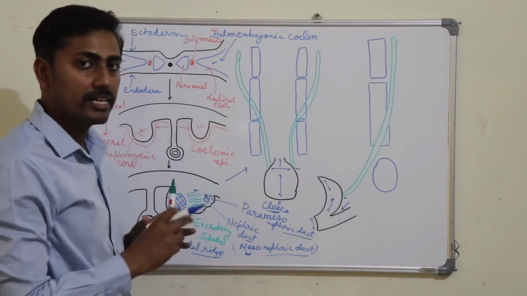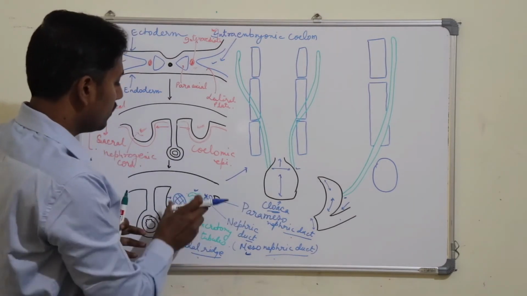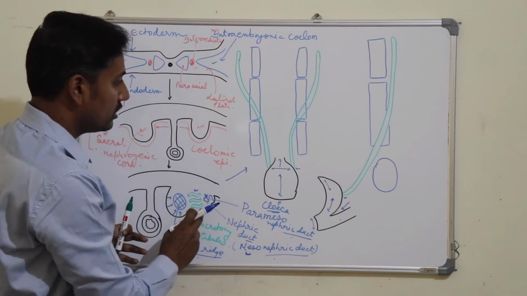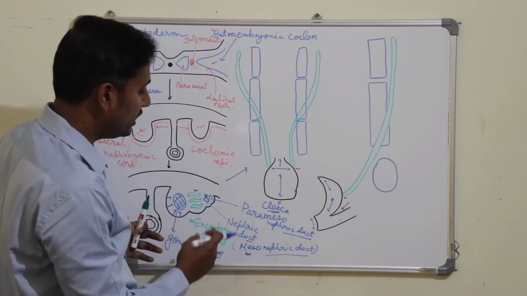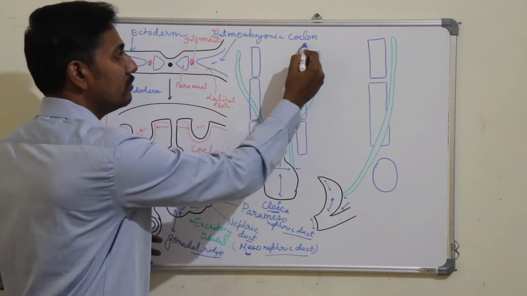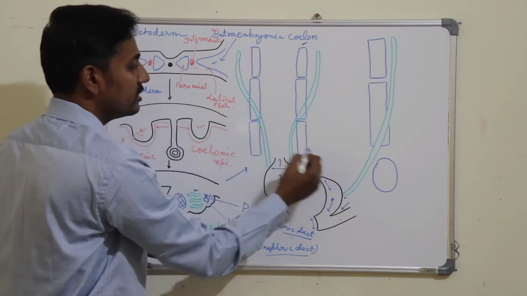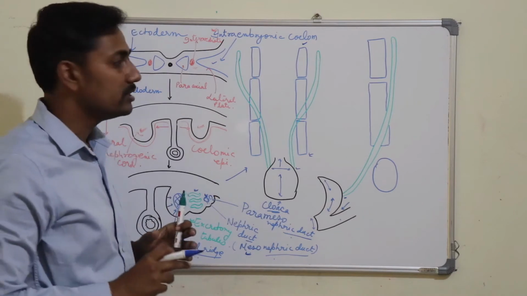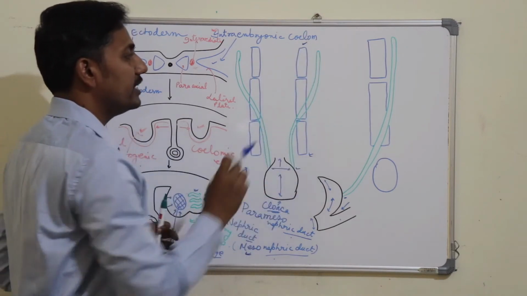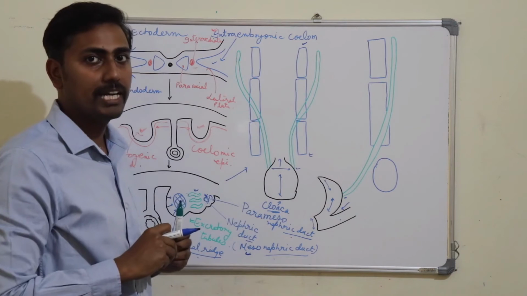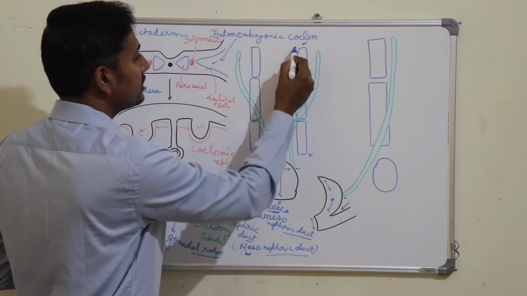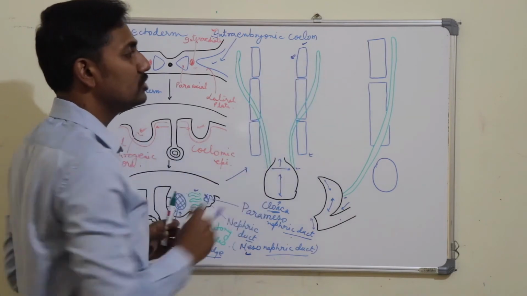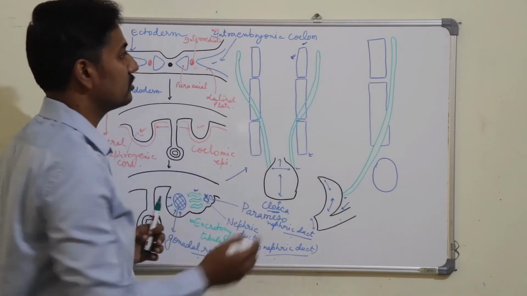As I have already told you, this nephrogenic cord extends from the cervical to the sacral region. Therefore, the excretory tubules will also extend from the cervical to the sacral region. Now, these excretory tubules can be divided into three parts depending upon the region in which they lie. The excretory tubules present in the cervical region, this one, are known as the pronephros.